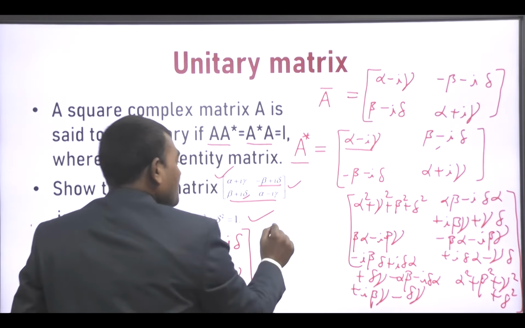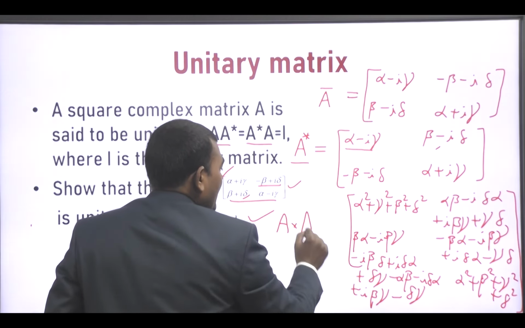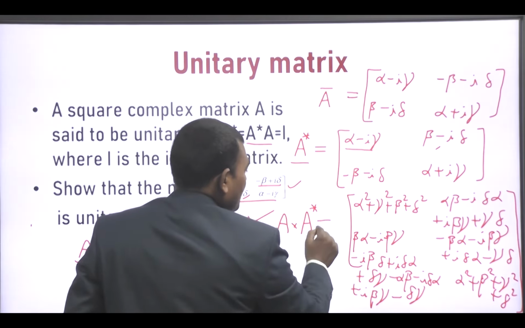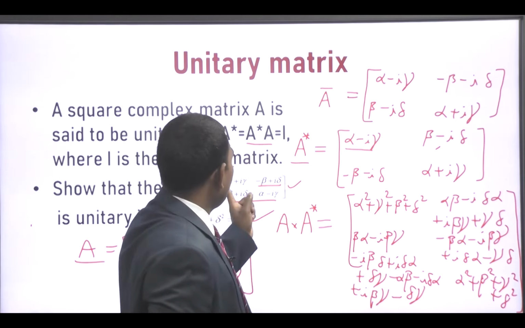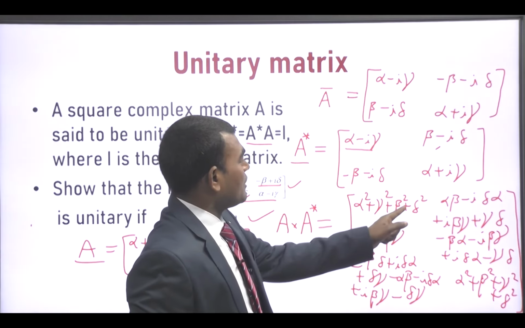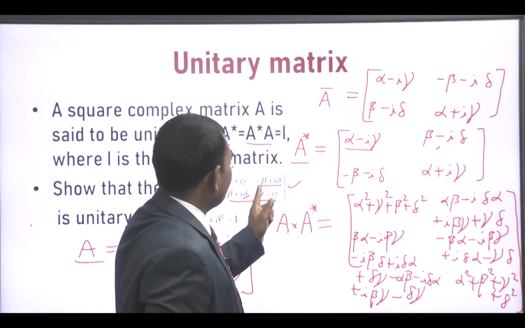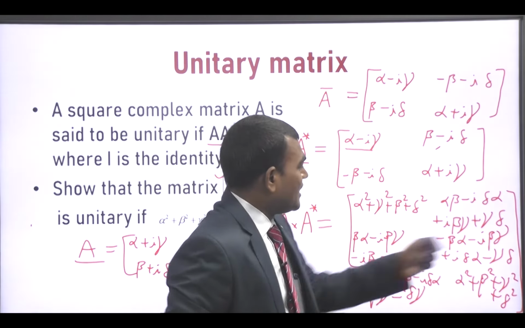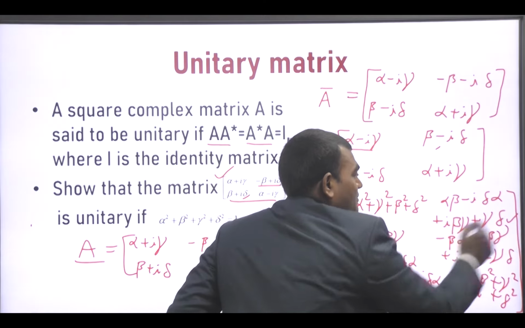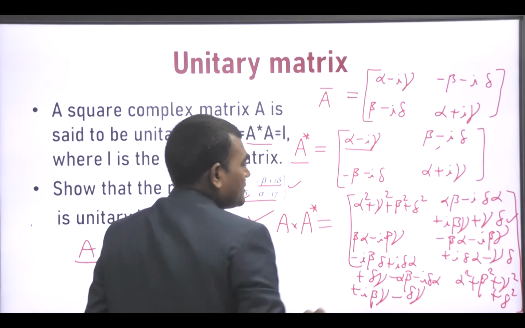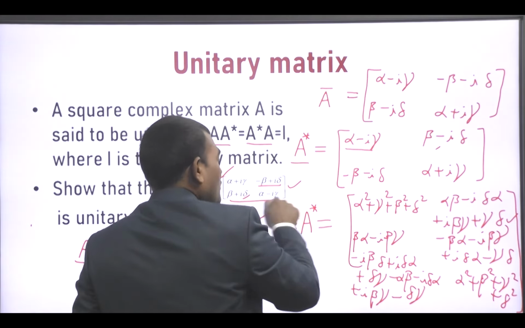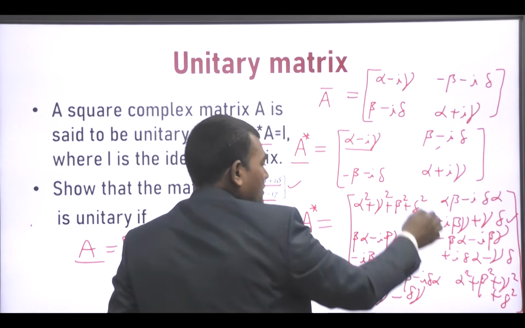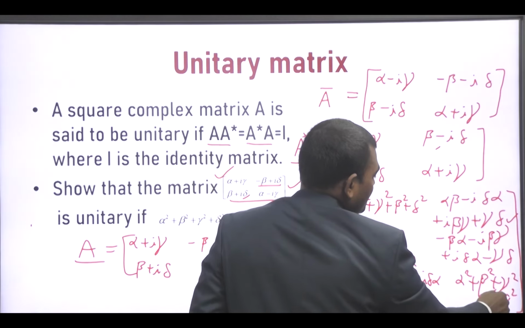Now we can find A into A star. Now see here, we can multiply it, first row first column, then we will get alpha square plus gamma square plus beta square plus delta square, and first row second column, then we can find this value, and second row first column, and the second row second column element will be alpha square plus beta square plus gamma square plus delta square.